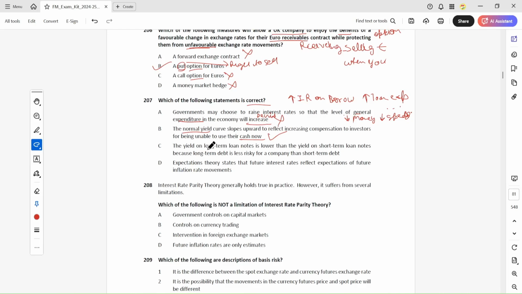Yes, this is correct. The yield on long-term loan is lower than the yield on short-term loan notes because long-term debt is less risky for a company than... oh no, long-term loan is more risky.